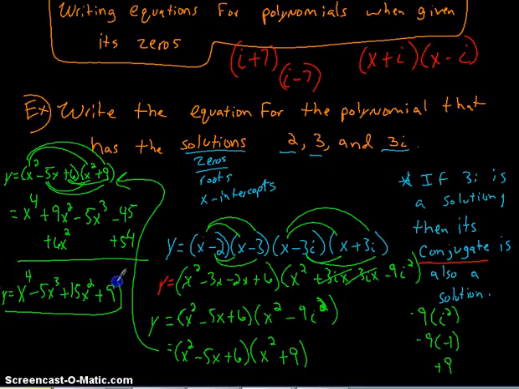This is the answer for it. We can come up with an infinite number of answers by multiplying everything by the same number. If you multiply all by 3, or by 2, or by negative 1, you get new polynomials with the same roots and different end behaviors, but they still have the same roots. I think we could cover that as well. Anyway, that's how you write an equation for a polynomial when given its roots.